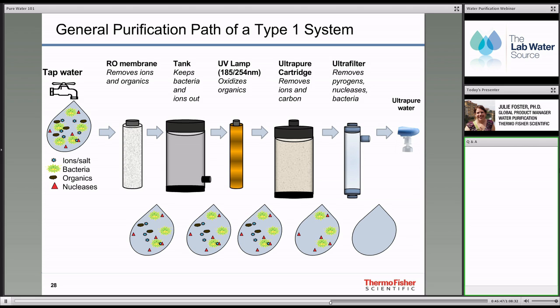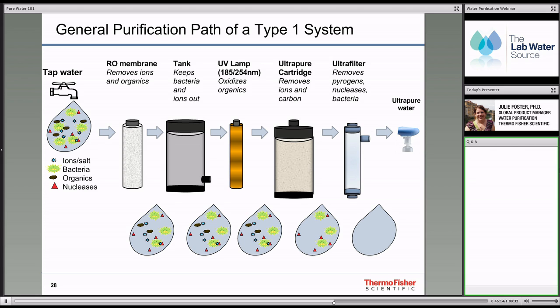And because the RO membrane technology is slow, we have a tank to capture the water, so that when you are calling on the system to give you the ultra-pure water, it gets pulled from the tank. Because, again, that RO membrane is pretty slow. In the tank, there are filters to help keep bacteria and ions out, but it tends not to shift in purity too much.